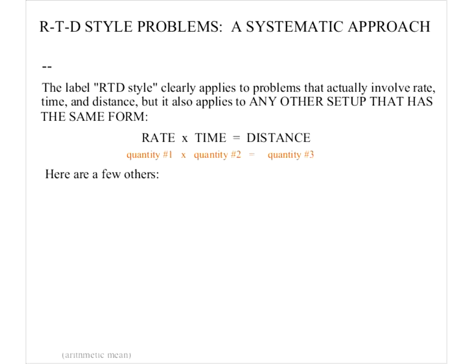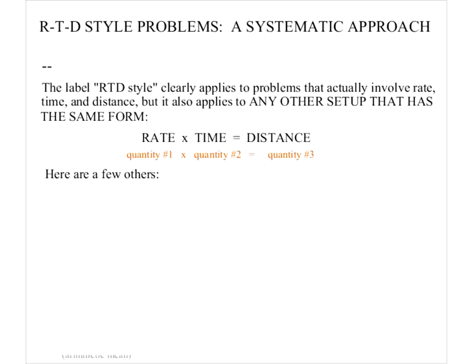So here's the deal. When you have a rate, time, distance problem, the ultimate setup of the problem is rate times time equals distance. What matters is not so much that these quantities were called rate, time, and distance.